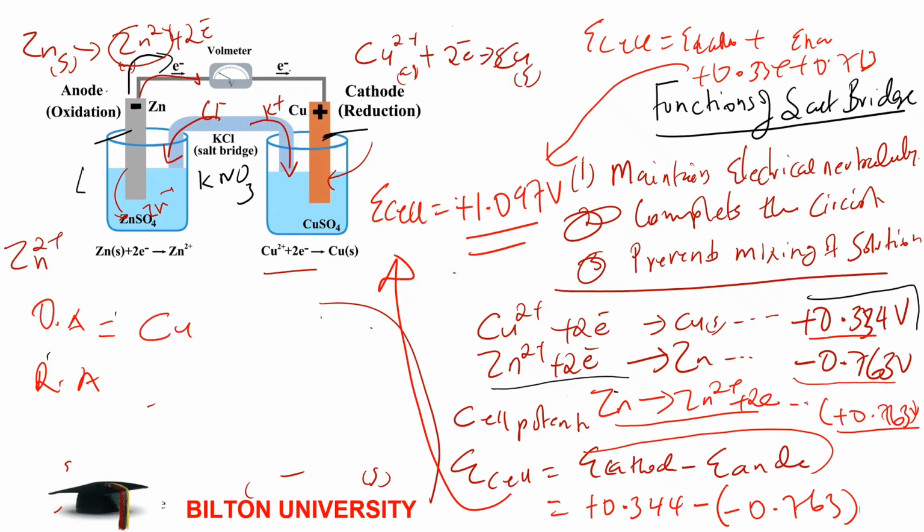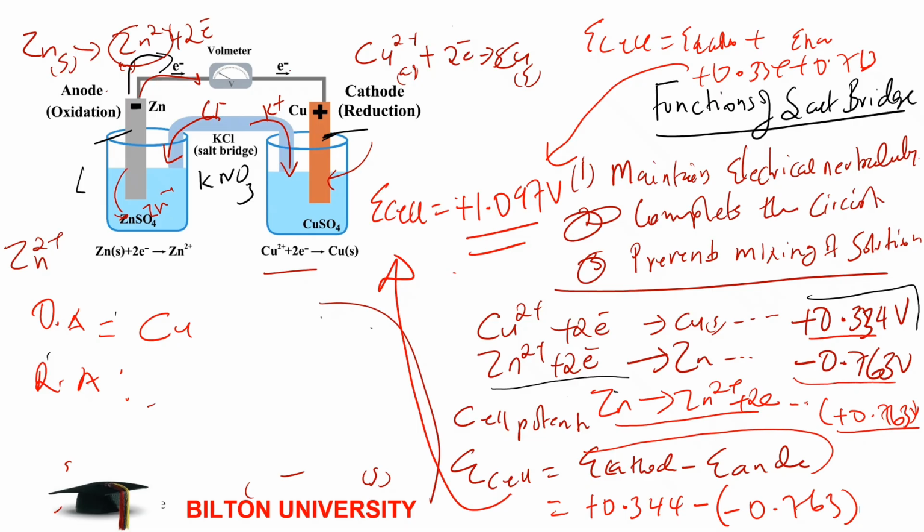And the reducing agent in this case is going to be zinc, because zinc has the more negative value of the standard electrode potential, and our zinc, which is the reducing agent, is likely to be oxidized.